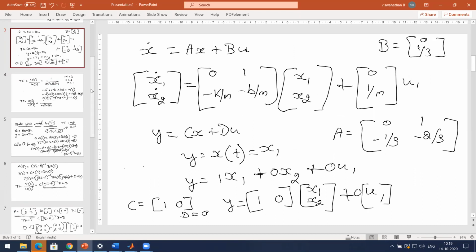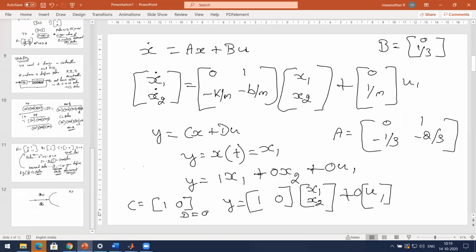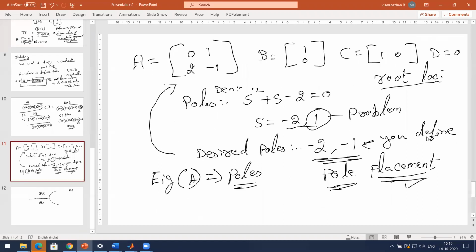If you're able to modify this and get the desired poles, that means you are able to control the system. Changing the pole positions to the required place is nothing but controlling the system.